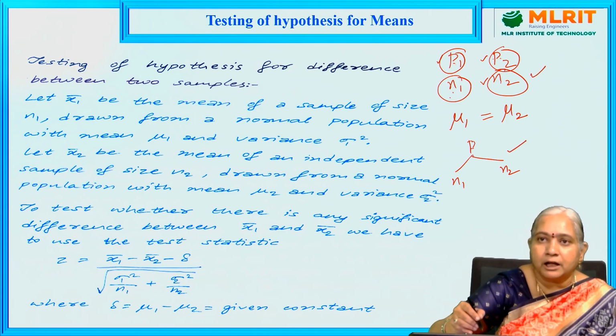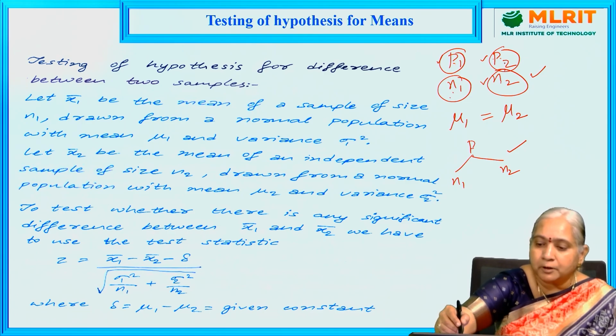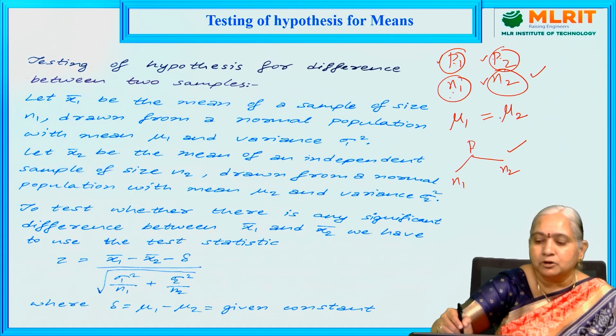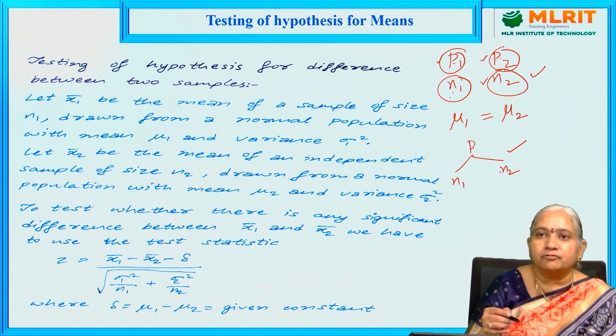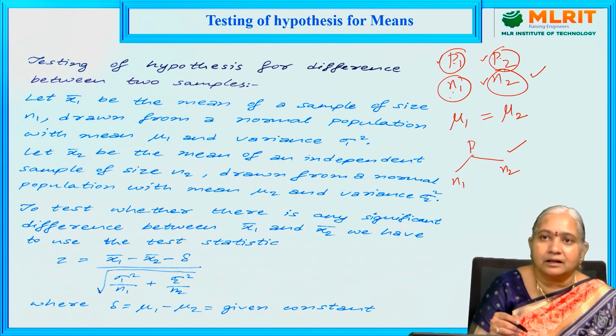From one population we select two samples, or from two populations we have selected two samples. If two populations are there, then we claim that these two population means are equal, that is mu1 equal to mu2. Suppose from one population we have taken two samples, then we claim that these two samples are drawn from the same population. So this is the null hypothesis.